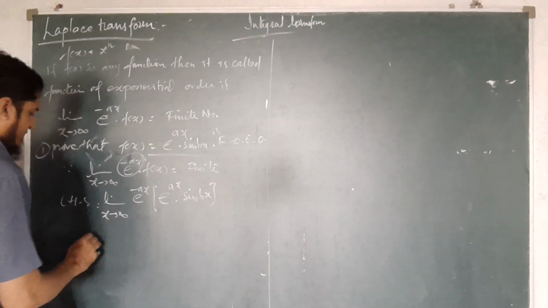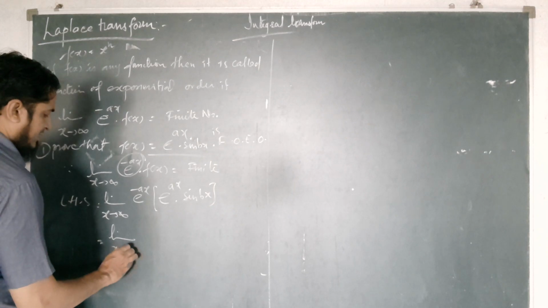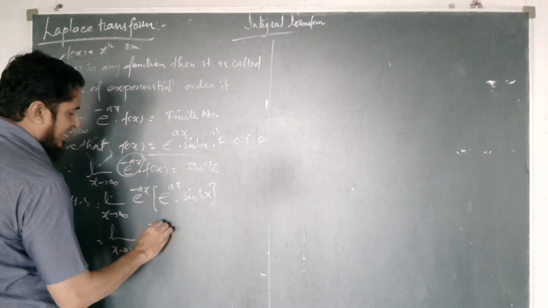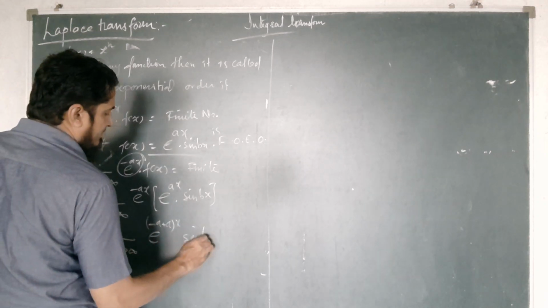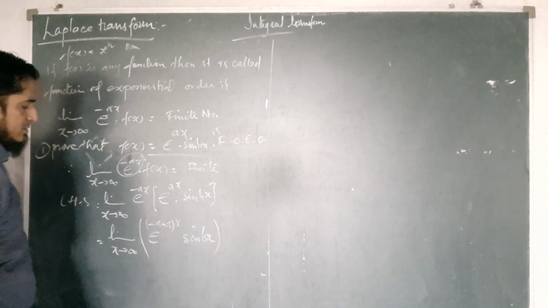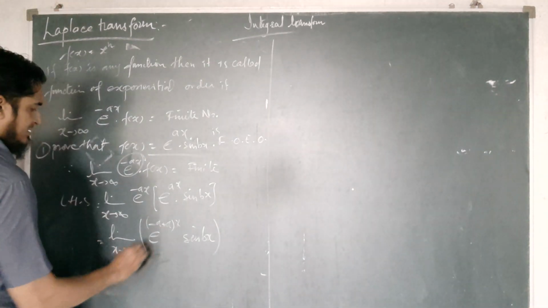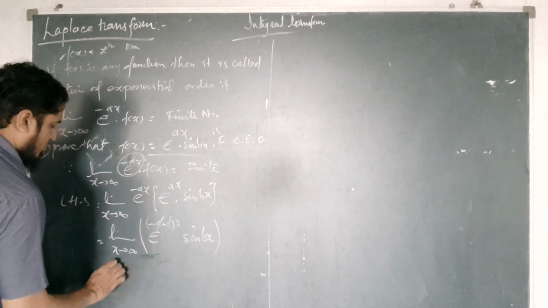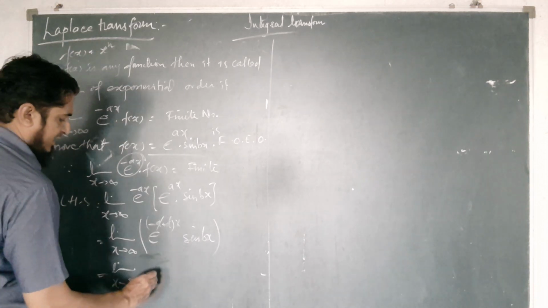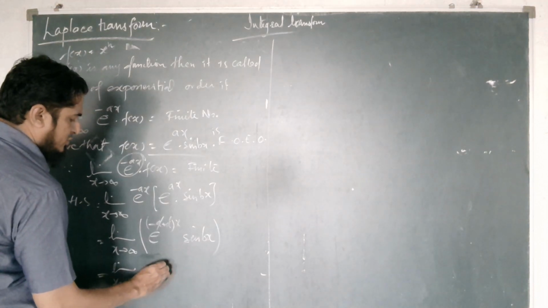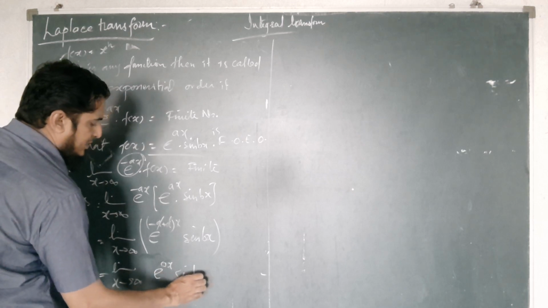If we multiply these, we get e raised to minus ax plus ax, sine bx. By the law of indices, minus a plus a cancels and we get 0, so we get the limit as x tends to infinity of e raised to 0x into sine bx.